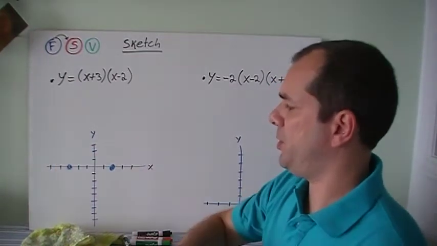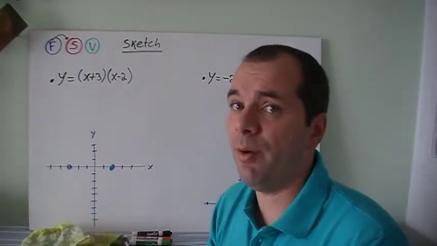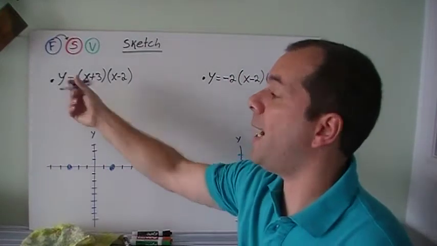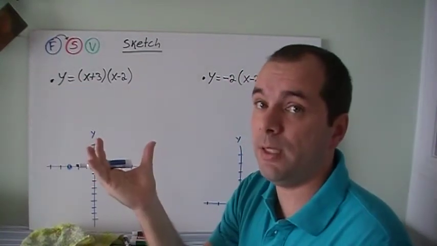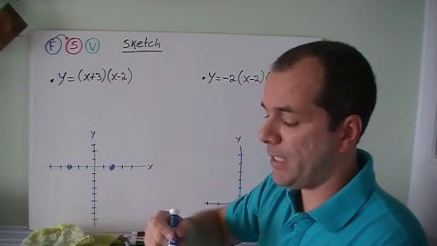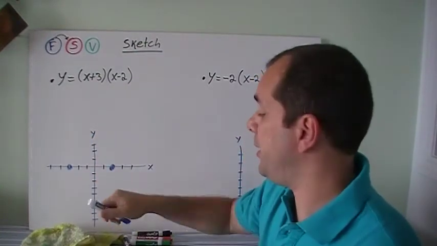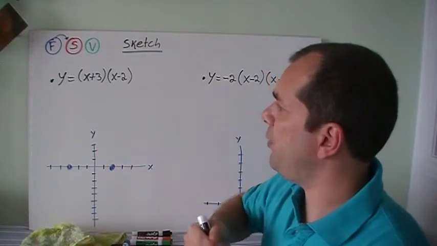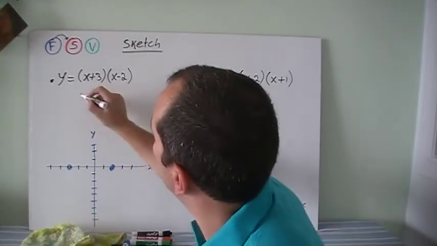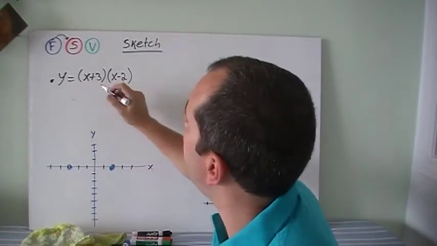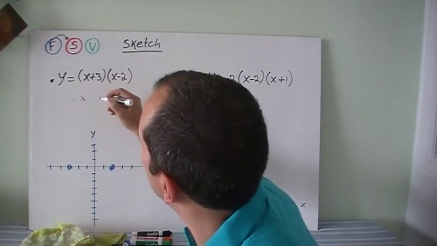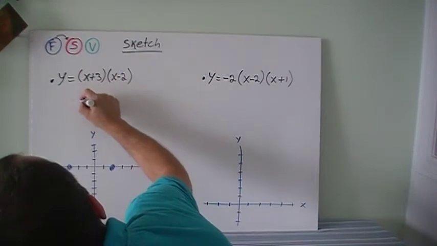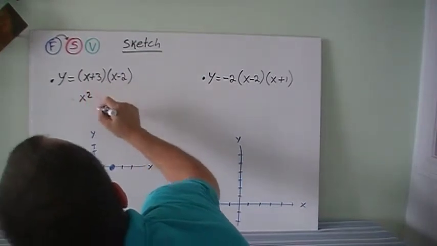So we got that to start with, but we can't sketch a parabola with only that. We know that it opens up because a is equal to 1, and we know that means it's a smile. But let's see if we can get the y-intercept by expanding it. So if we expand it, x times x is going to give us x squared.